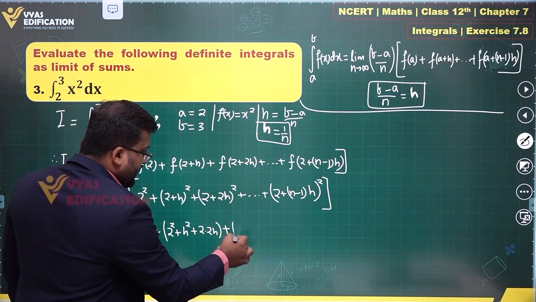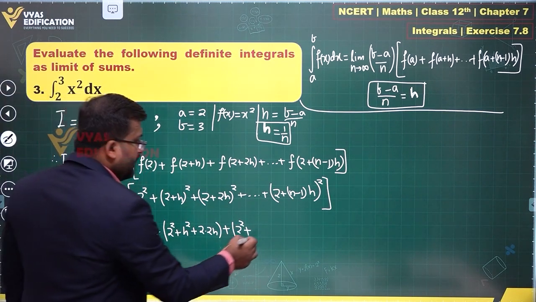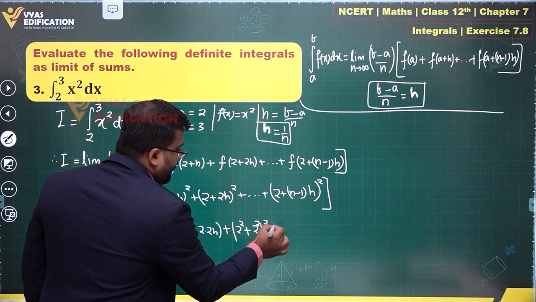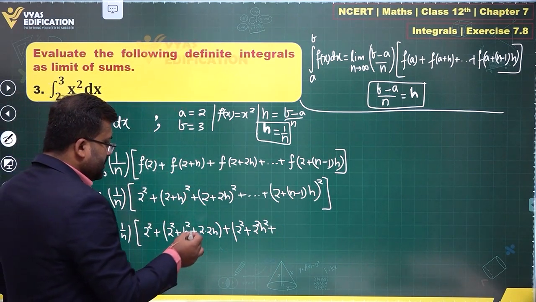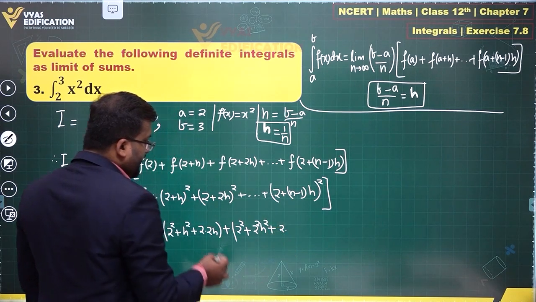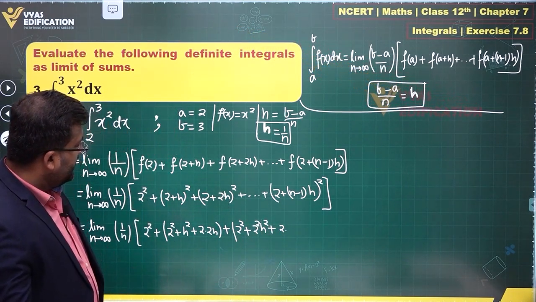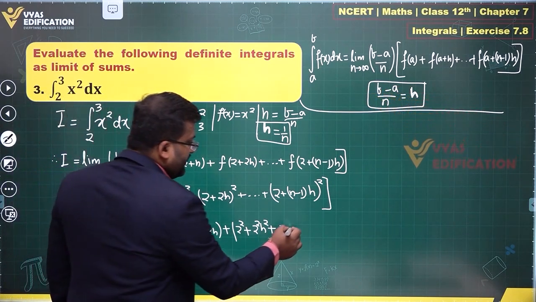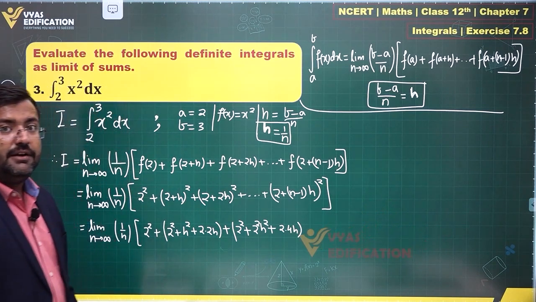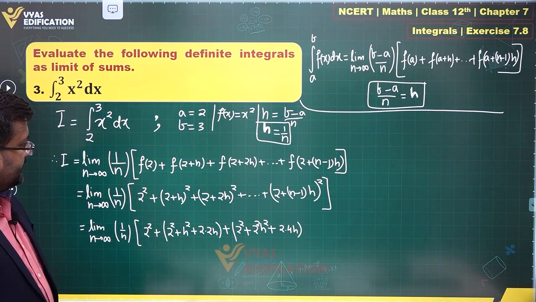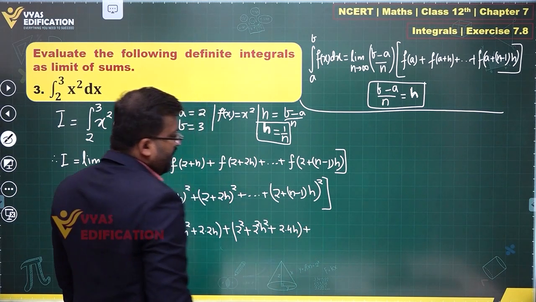So this will be 2 square again, plus h square from 2h square, which is 2 square h square, plus 2 into 2 into 2h. What will that be? So 2 into 2 into 2h is 4h, is it? Yes, 4h. Let's write it as 4h, right? So 2 into 4h is what I'll get, plus what about the next term?